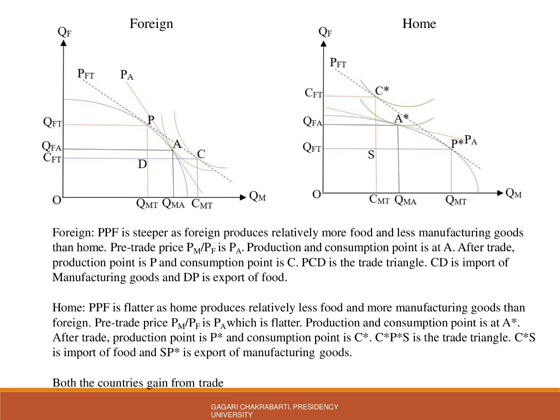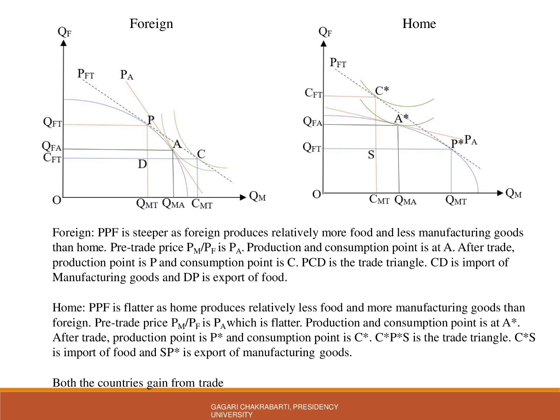Similarly, for the home country, with trade the production point shifts to P star and consumption point shifts to C star. So trade separates the production and the consumption point. So P star, C star, S, this is the trade triangle for the home country.